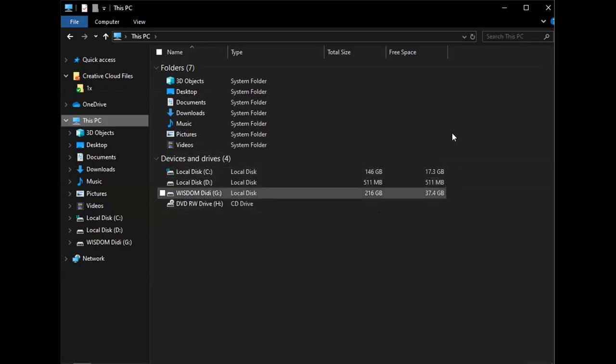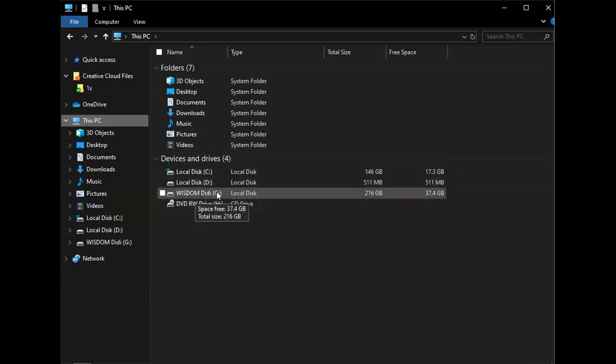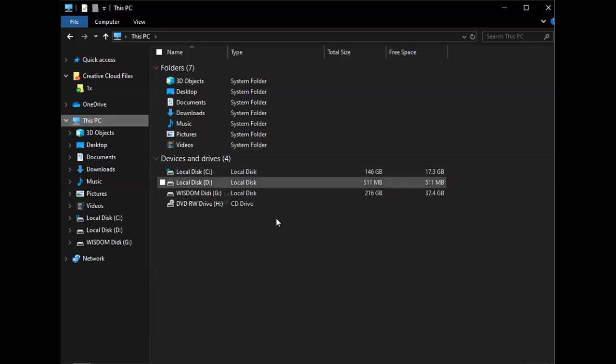That's your hard drive, your permanent secondary memory, where you store your pictures, files, folders, and videos. They are stored on your internal hard drive. Mine is partitioned into 3: local disk C, local disk D, and another I named Wisdom G. So this is my hard drive.